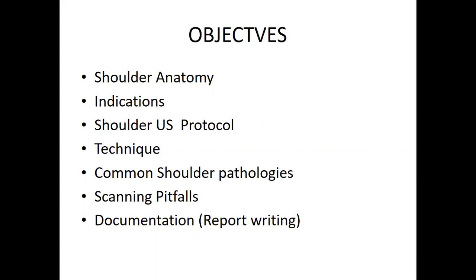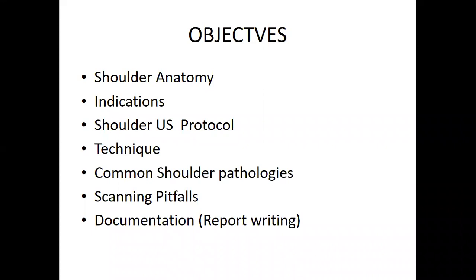So I'll try by all means to go through and guide you with the protocols of shoulder ultrasound, the common indications, and then the technique that is required to perform a shoulder ultrasound, then common shoulder pathologies that I gathered, and then the scanning pitfalls that are involved in shoulder ultrasound and generally in musculoskeletal ultrasound.